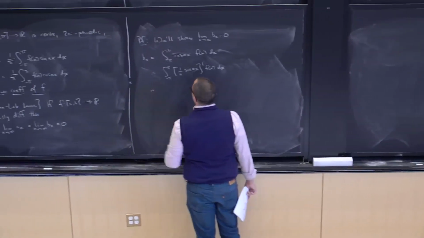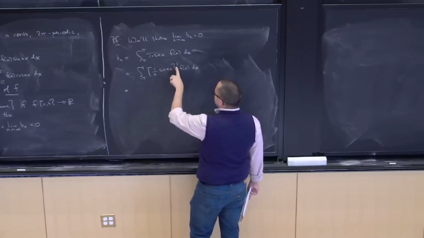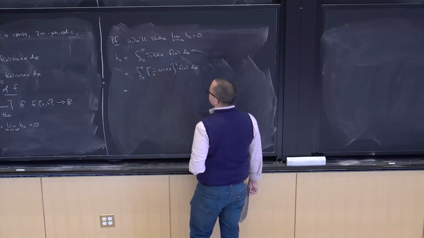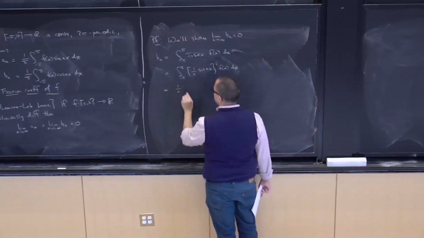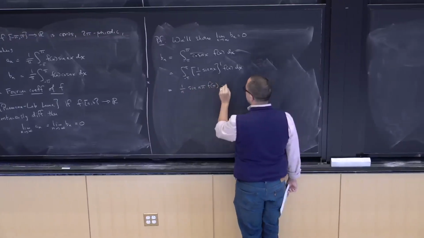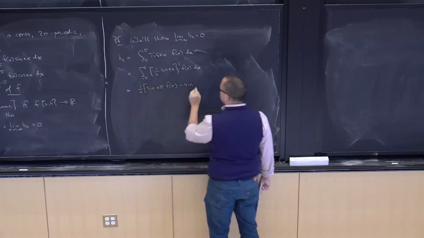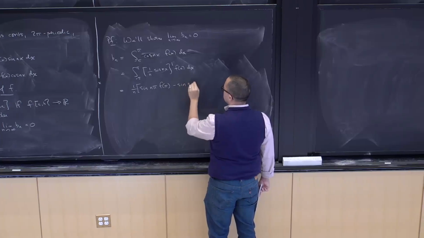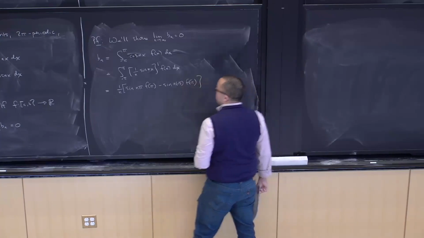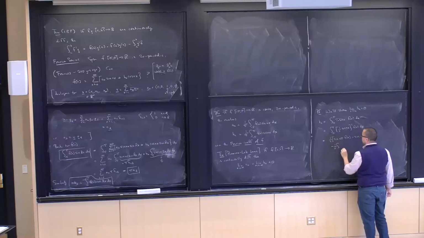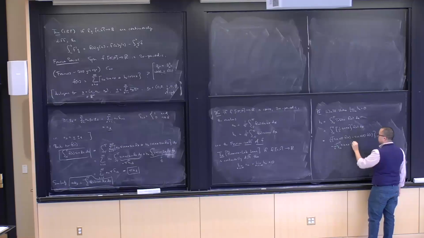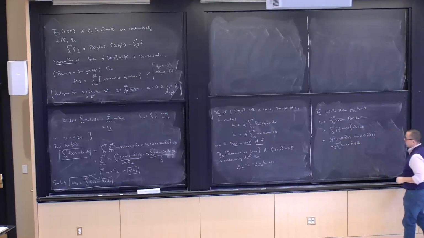So by integration by parts, I can now shift the burden of this derivative onto f. But look what I've gained: a 1 over n here. So now this is equal to 1 over n sine n pi times f of pi, minus sine of n times minus pi times f of minus pi, minus 1 over n times the integral from minus pi to pi of sine nx times f prime of x dx.